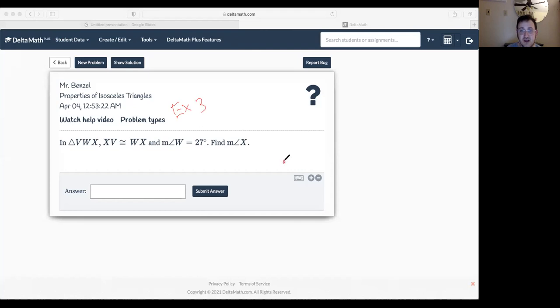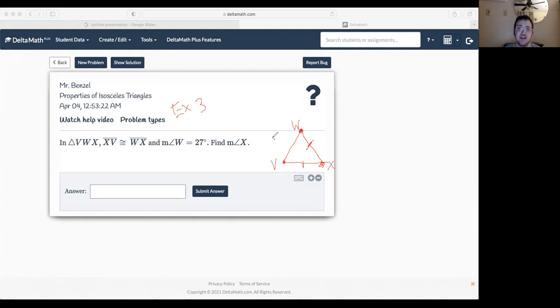So I'm going to draw VWX, just going in alphabetical order. And it tells us that XV and WX are congruent to each other.